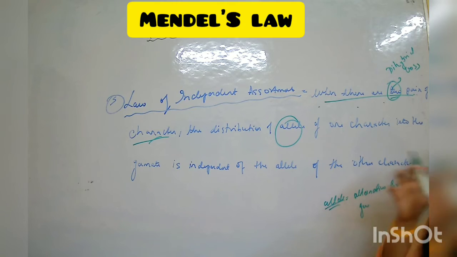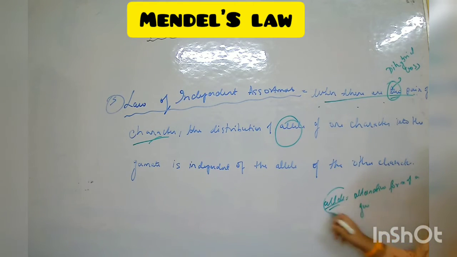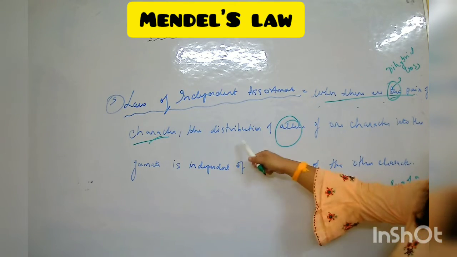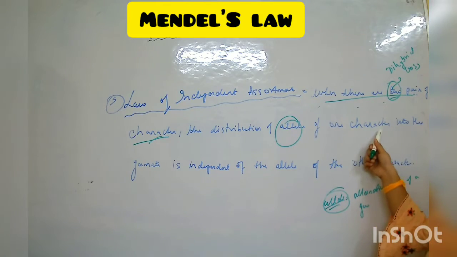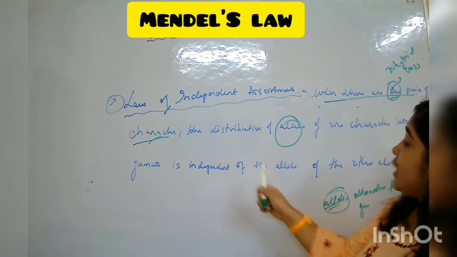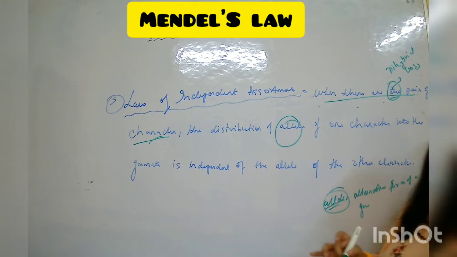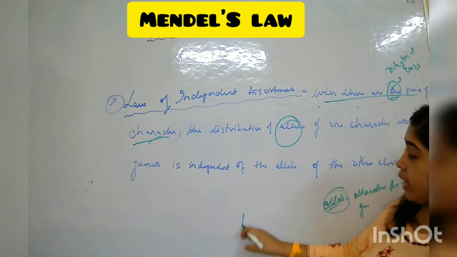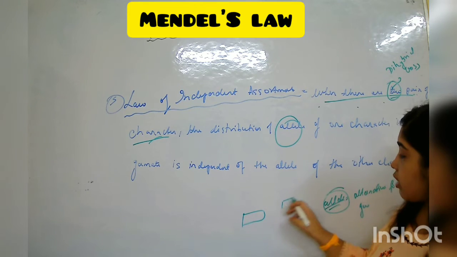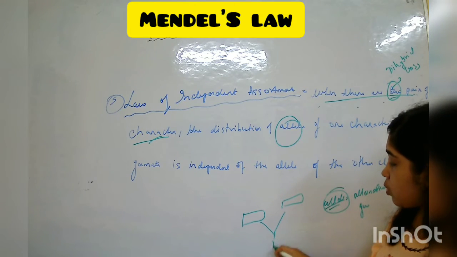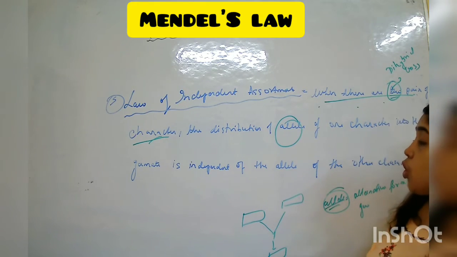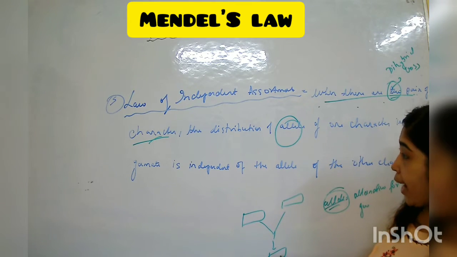One gene is there, two types are there. That is what is called allele. It is written, the distribution of allele of one character into the gamete is independent of the allele of the other character.